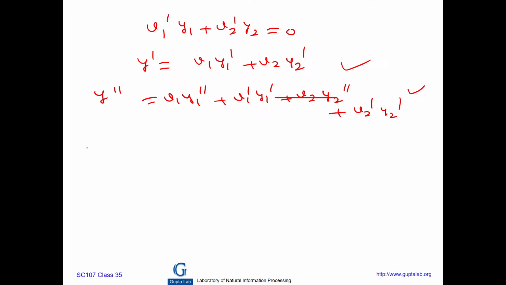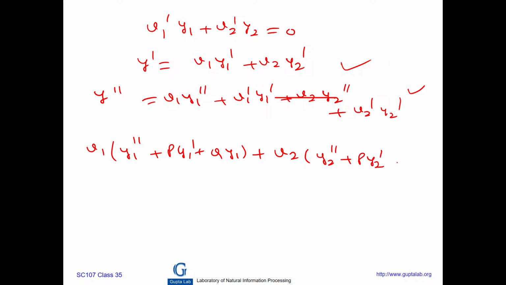It turns out that we are getting V1 times (y1 double prime plus p y1 prime plus q y1) plus V2 times (y2 double prime plus p y2 prime plus q y2) and plus, so v1 prime y1 prime plus v2 prime y2 prime is equal to rx.